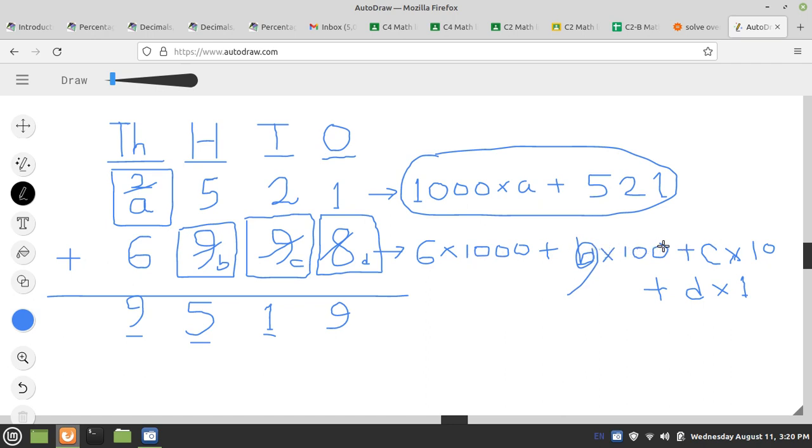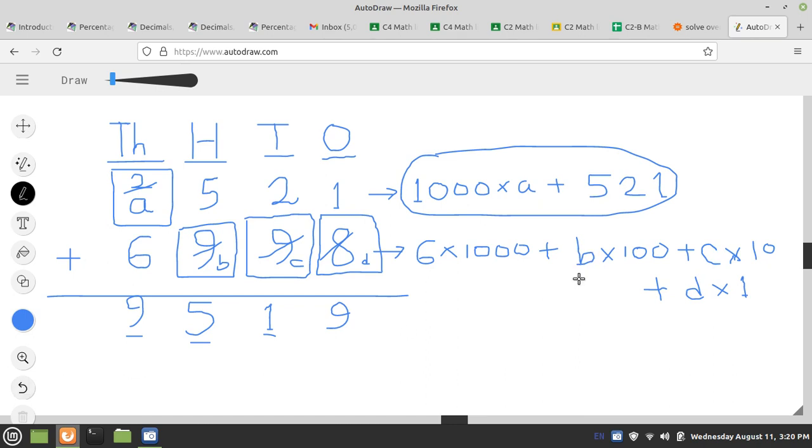So just be familiar with what you already know, how the expanded form of a number works. 6998 is what? 6000 plus this 9 is in the hundreds, 900, plus this C also has 9, so 9 tens, 9 times 10, 90, and 8, D is 8, 8 times 1, 8. So the expanded form, you know this.